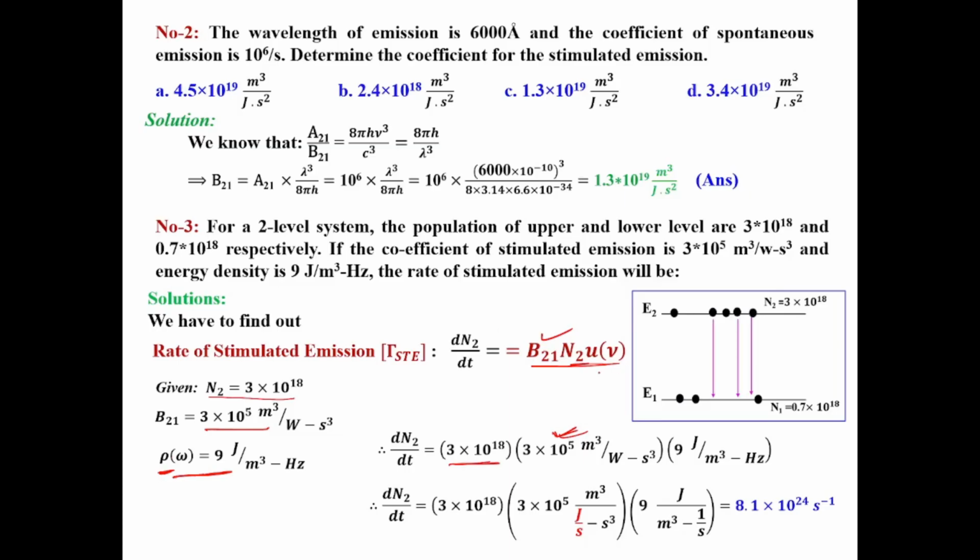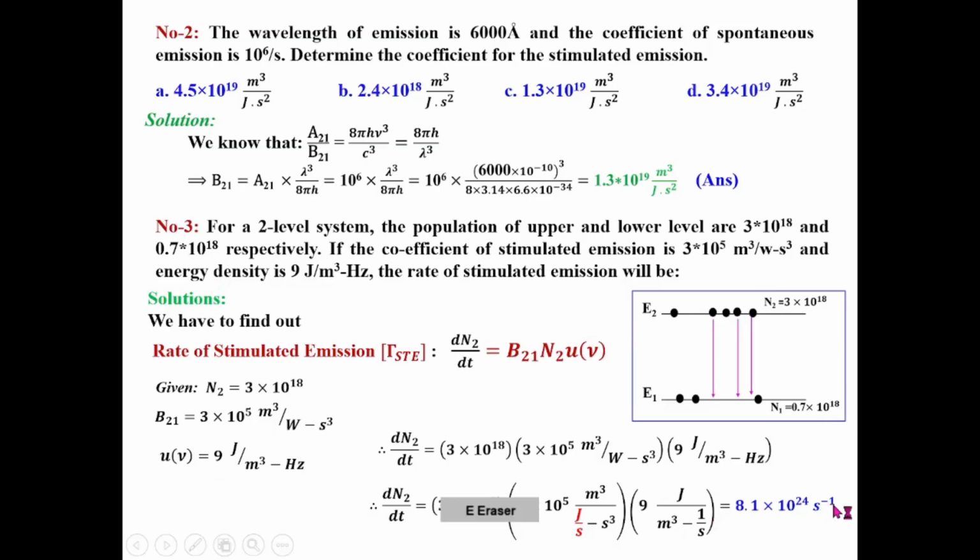Here U mu is nothing but energy density, given as 9 into 9 joule by meter cube into Hertz. So we have to substitute all the values. Hertz means 1 by second. You just calculate this one. You will find 8.1 into 10 to the power 24 second inverse. The option is not given in this question, so this will be the answer.